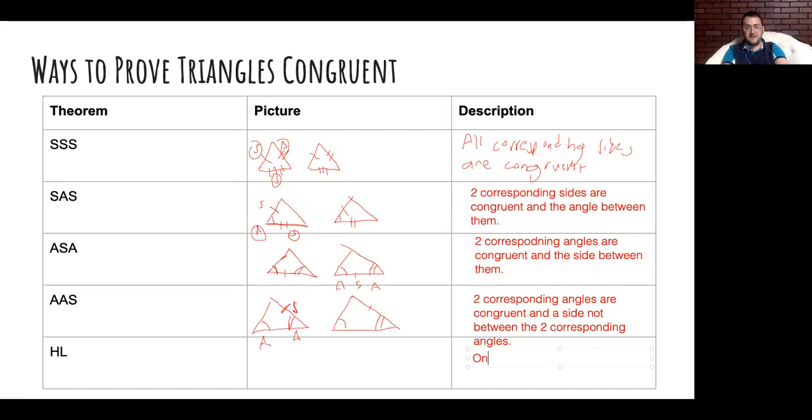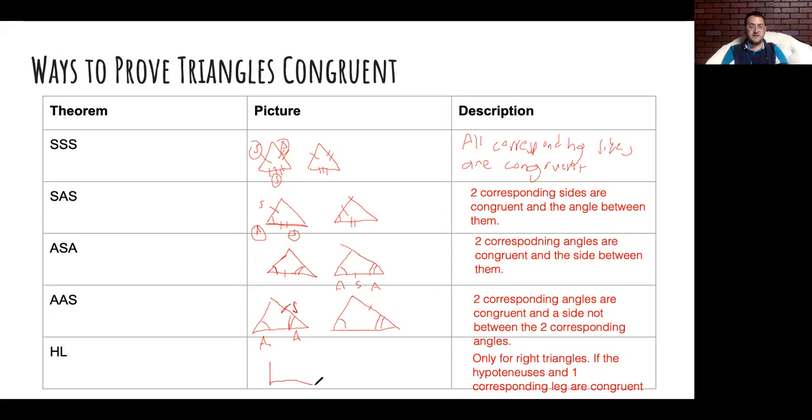And this is only for right triangles. If the hypotenuses are congruent and one corresponding leg. So what that means is it's a right triangle.